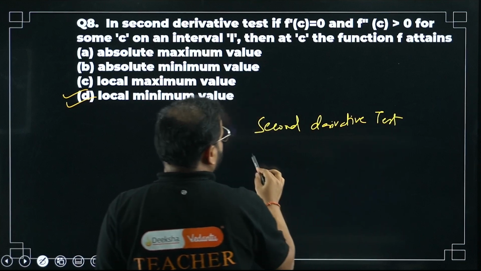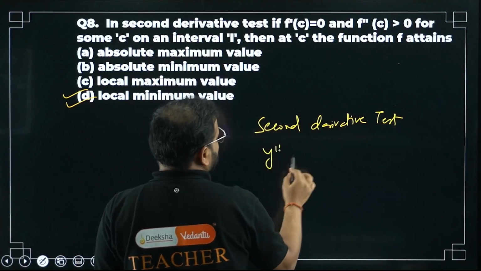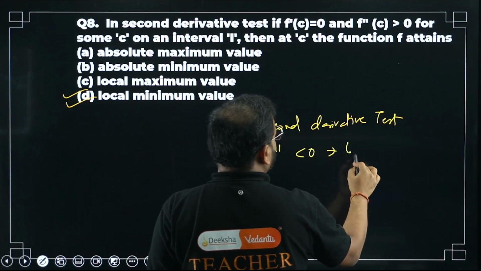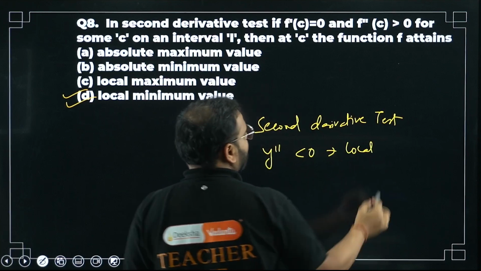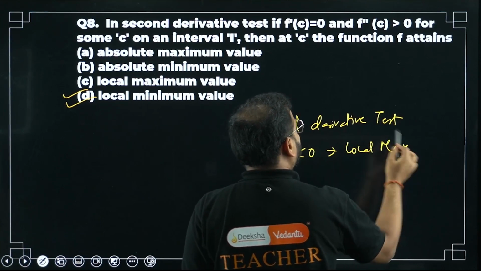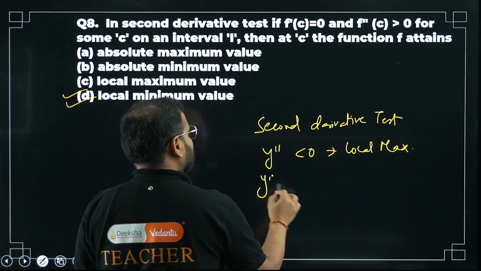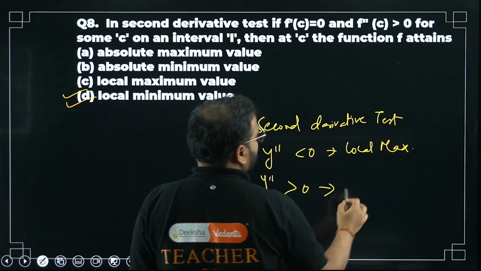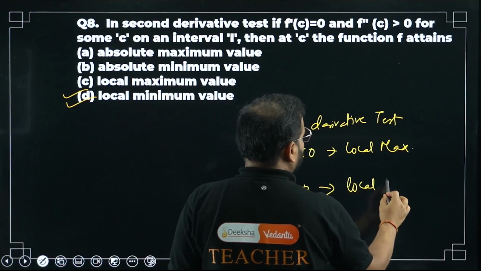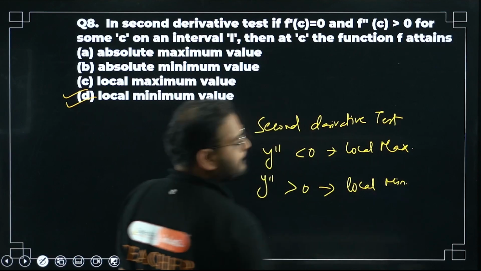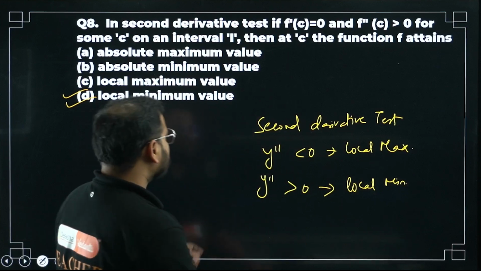If y double dash is less than 0, what is that? Local maxima. When y double dash is greater than 0, what is that? Local minima. Yes or no? Yes, yes, yes.